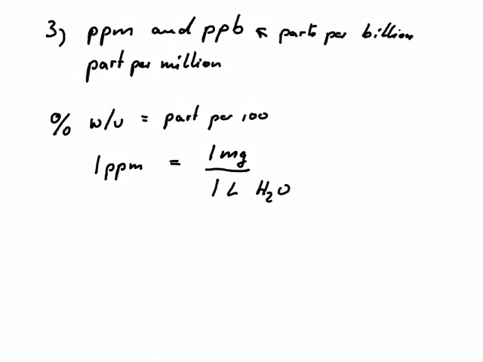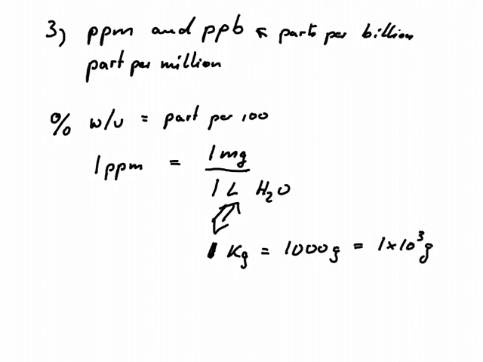And we note that 1 liter would be equivalent in mass to exactly 1 kilogram, which is 1,000 gram. So this would be 1 times 10 to the 3 gram. So 1 ppm is 1 times 10 to the negative 3 gram divided by 1 times 10 to the 3 grams.